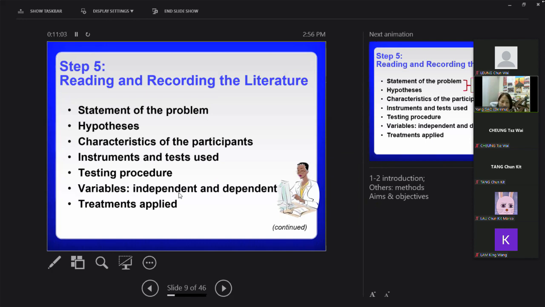You may have a look at the detailed treatments. Sometimes an intervention in the research is given the same name as treatment.